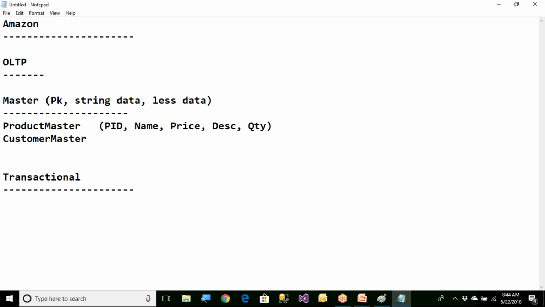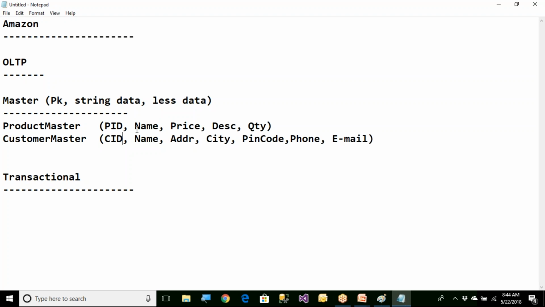Now whenever you register with Amazon.com, you'll have a customer ID, name of the customer, address of the customer, the city in which you are available, pin code and phone number, something like this will be taken from you, and email ID and a lot of other data will get inserted. So customer ID is the primary key here.